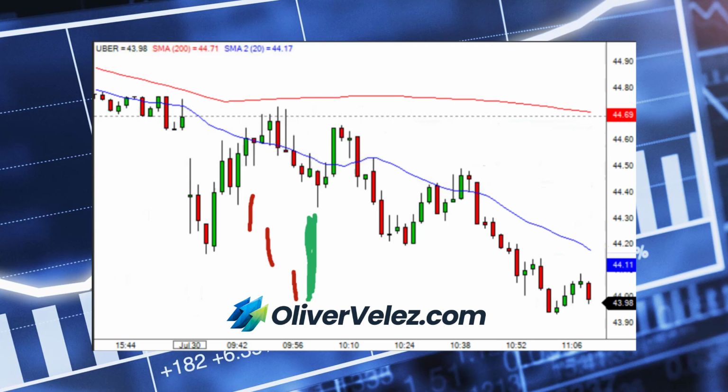And you get a signal here. Some people would want to take that short. But in the top portion of that igniting fat green bar, the odds are high of failure.